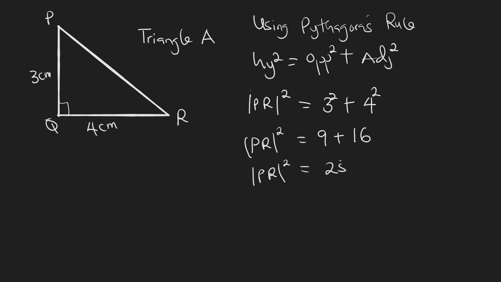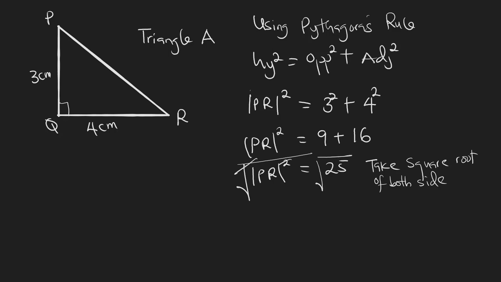So we have 25. So how can we get our PR? We are looking for PR, not PR square. So we take the square root of both sides in order to remove this square, right? Whenever you have square, you want to remove the square, you take the square root of both sides. This square will cancel the square root. You will be left with what?